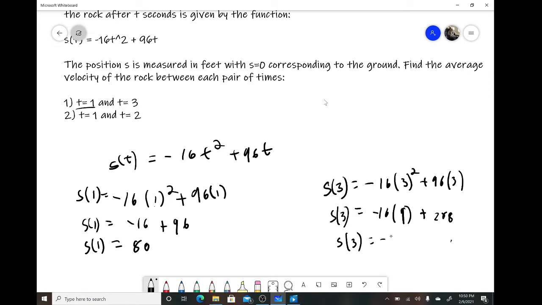So this equals negative 144 plus 288, and that should be positive 144.